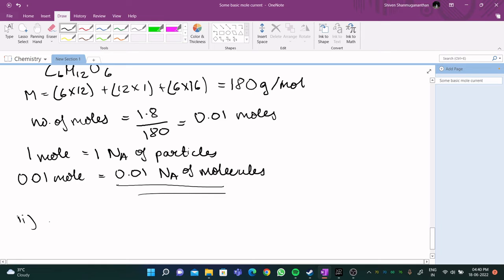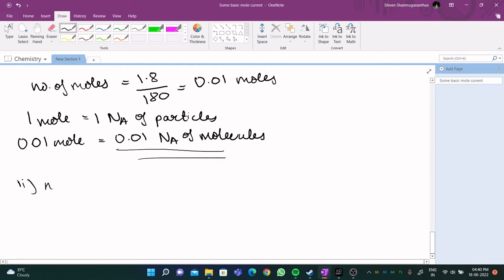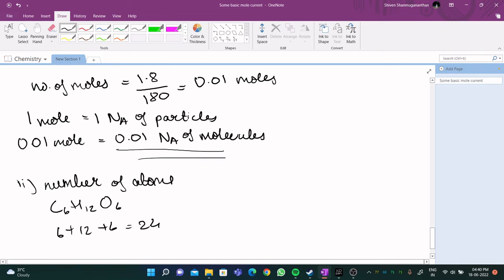Now the second part of this question: find the number of atoms. This again, we've done this before. One molecule of C6H12O6 has 6 plus 12 plus 6 equal to 24 atoms, right? And we saw earlier that we have 0.01 moles of it.